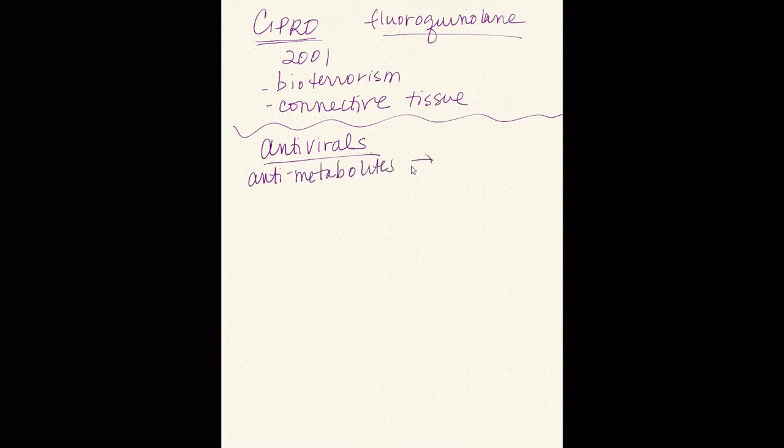What they do is they might look like a nucleotide, like an A, T, C, or G, but there will be something different about it. It won't just be a guanine or a cytosine. It'll be a guanine or a cytosine that's got something different on it.